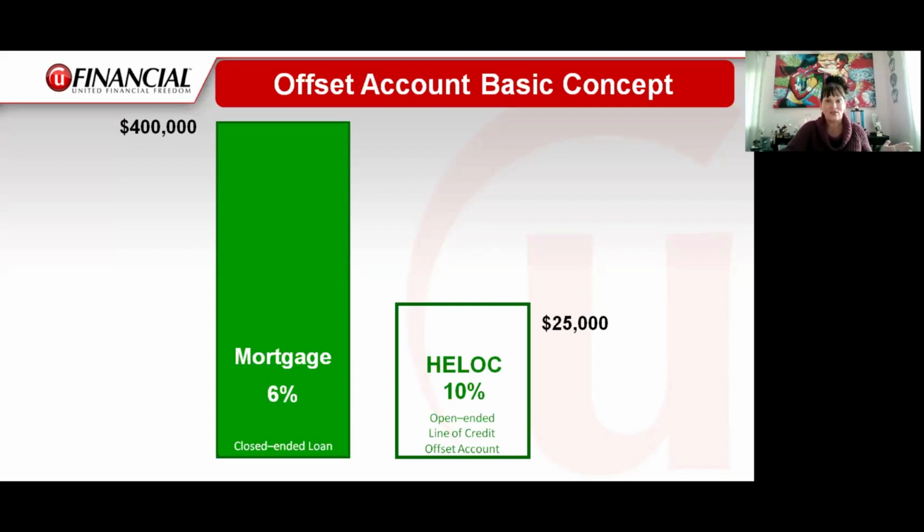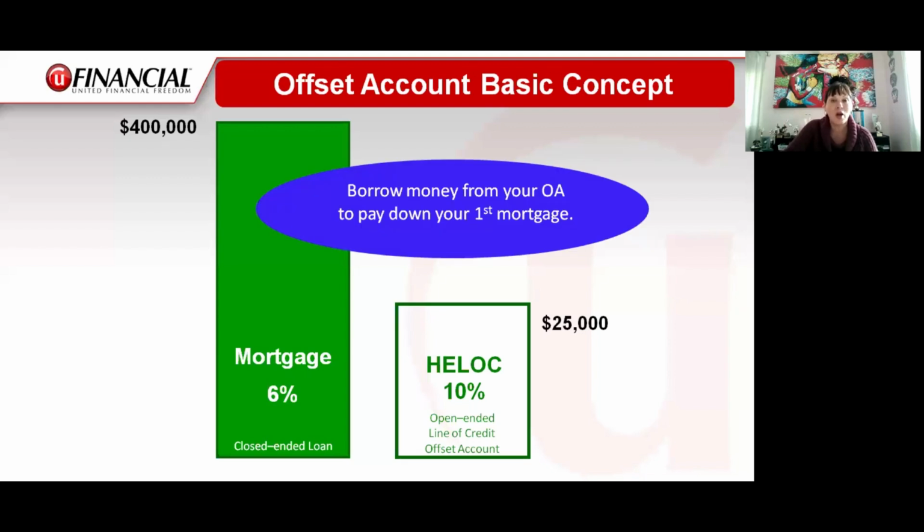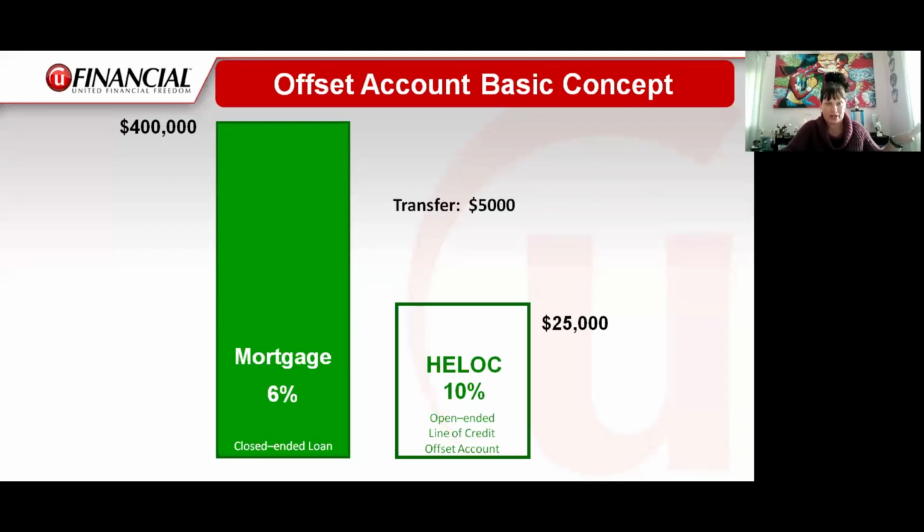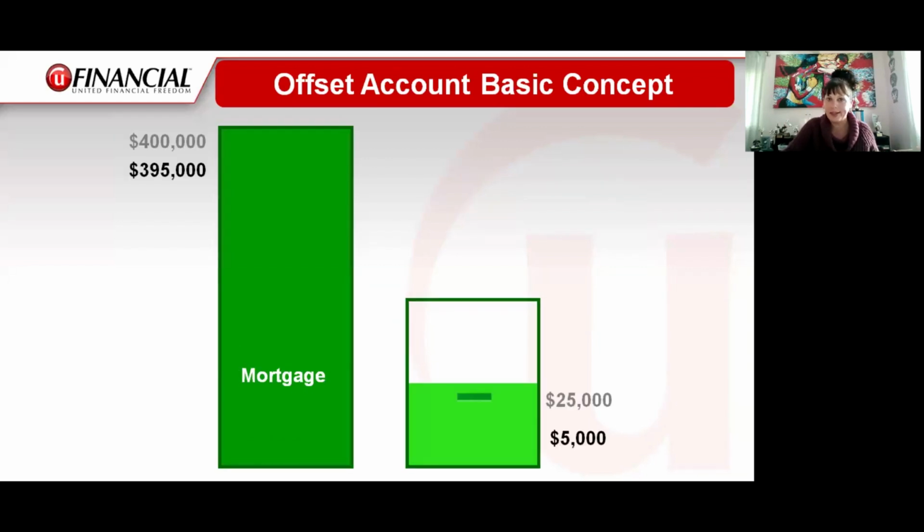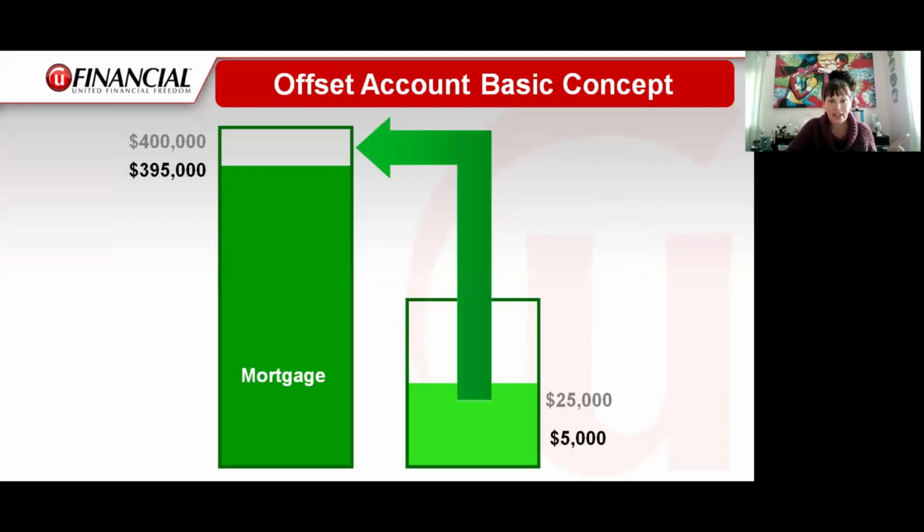So let's take $5,000 from our line of credit to pay down the first mortgage. At first glance, it doesn't look like we accomplished anything. We still owe $400,000. But what we did was we took $5,000 from a product that we have zero control over, and we transferred it to one where we have 100% control.